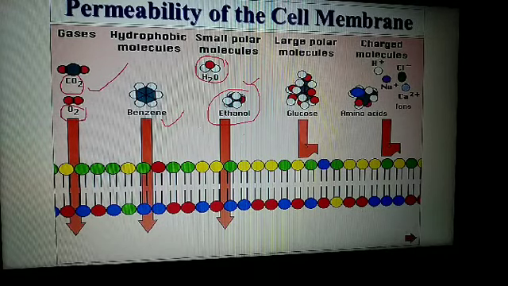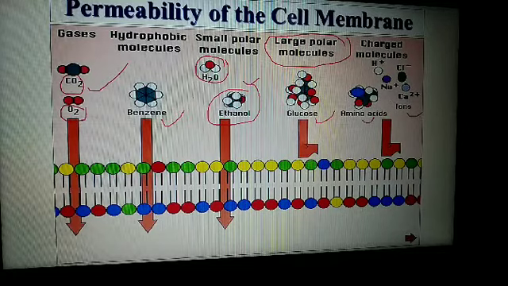The fourth category of molecules is large and polar molecules, for example glucose, charged molecules such as amino acids, and ions such as calcium ion, sodium ion, hydrogen ion and chloride ions. These molecules cannot pass easily.